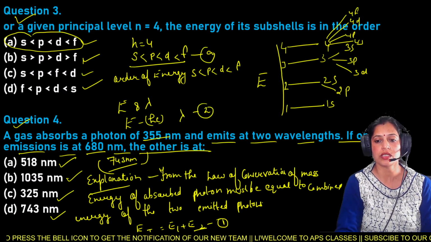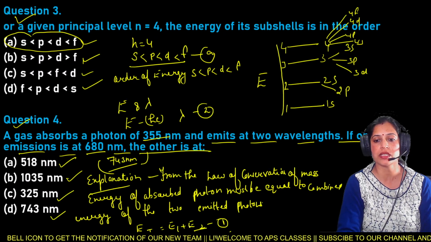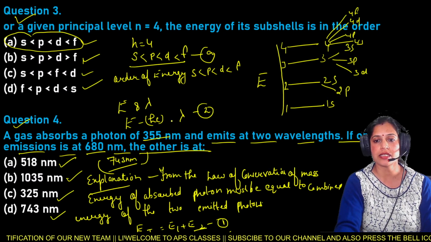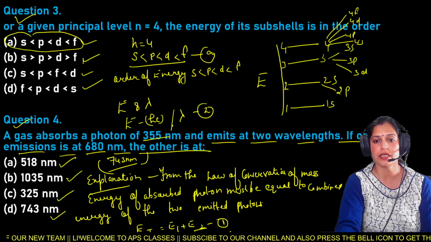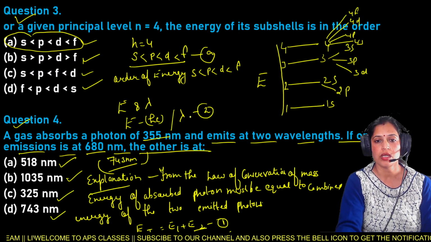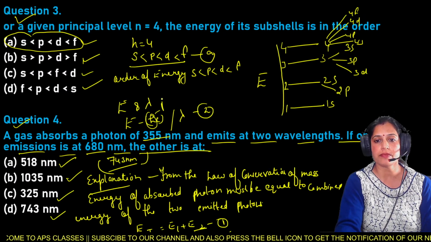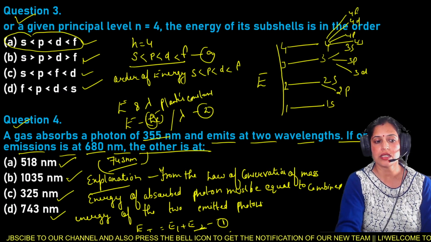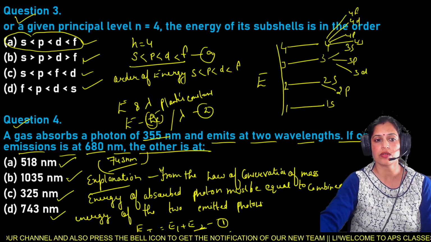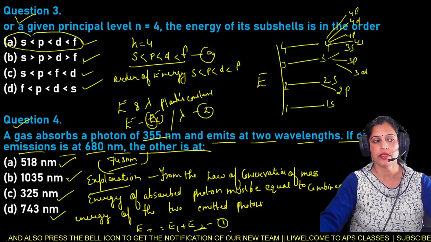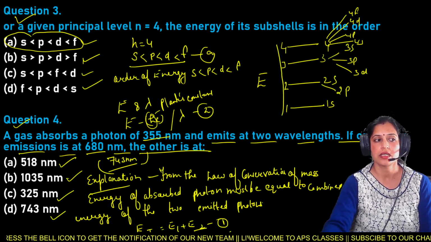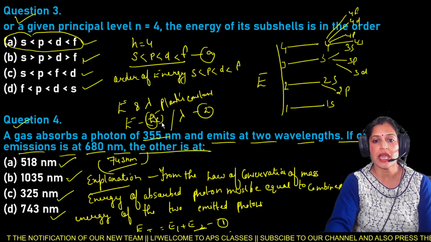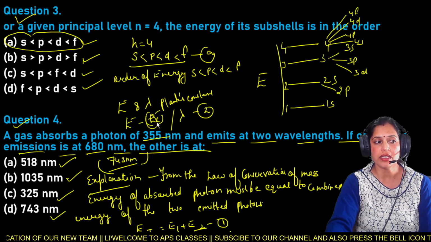This is equation 2, where h is the Planck's constant and c is the velocity of light.